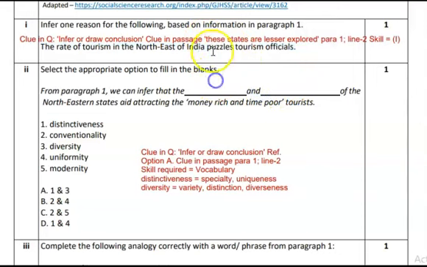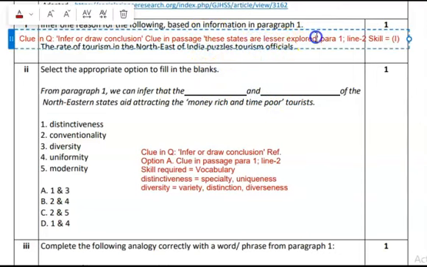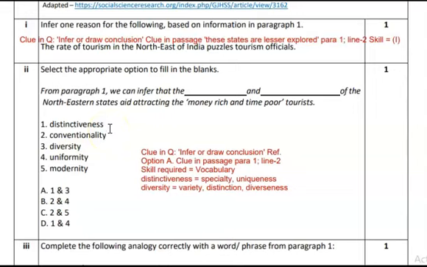Direct phrase is given, and this is, these states are lesser explored. So this is the reason why tourism officials feel surprised at growth in tourism in northeastern states of India. Very simple.